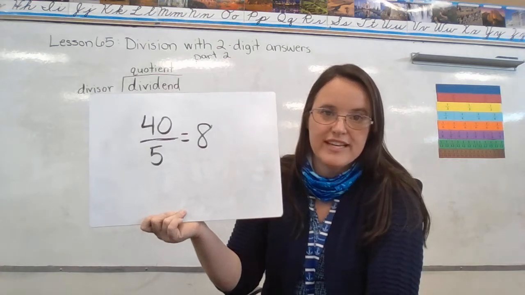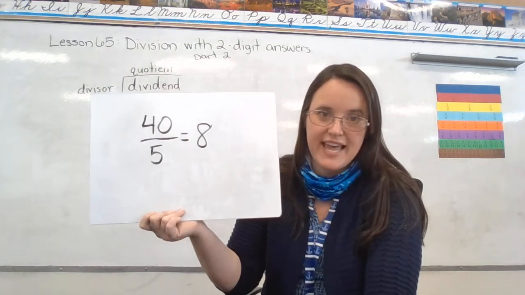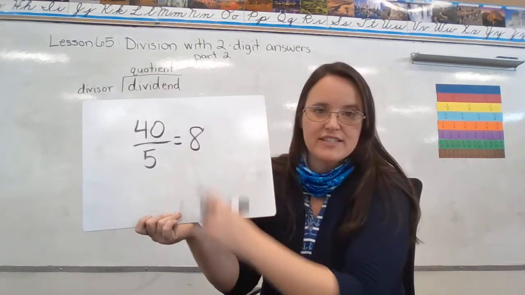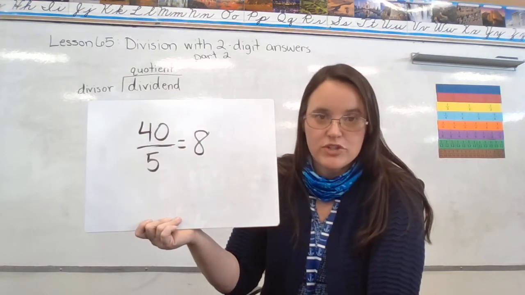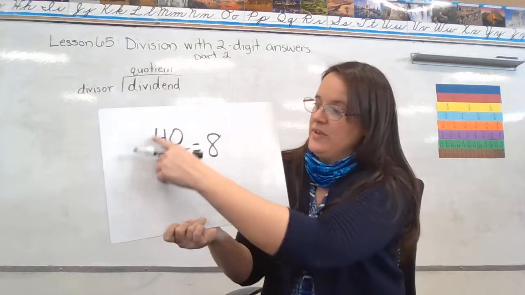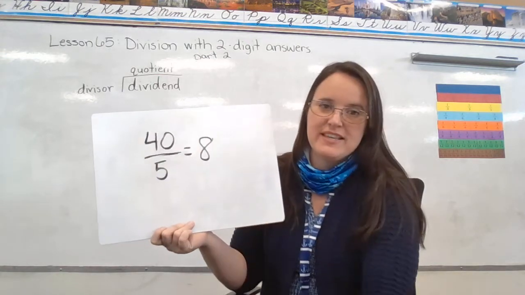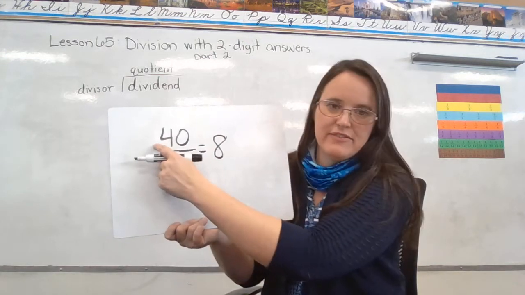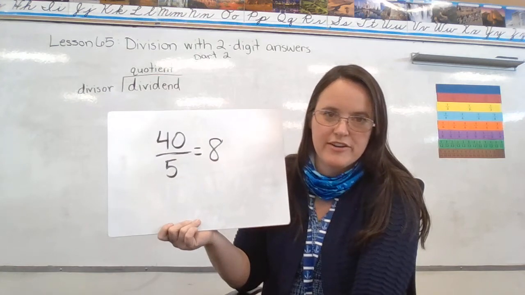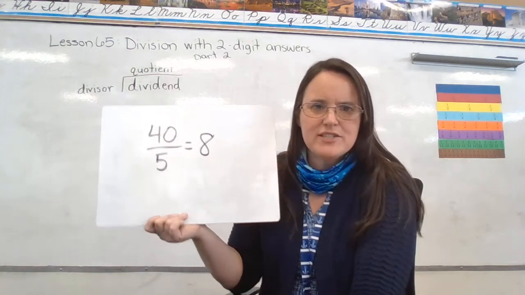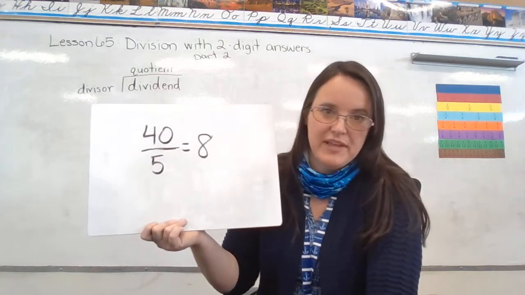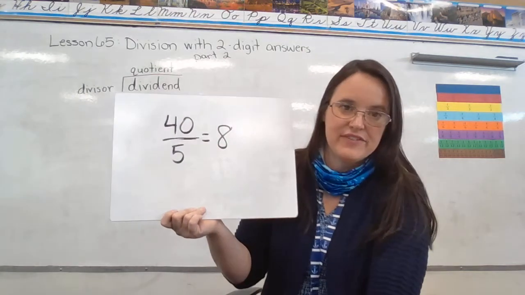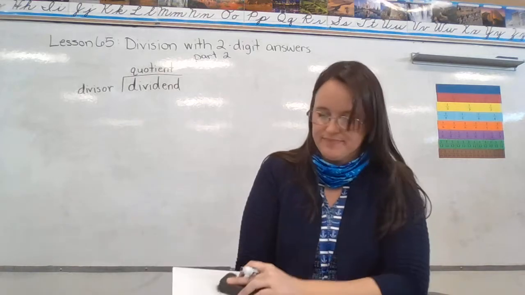So we've got 40 divided by 5 equals 8. What is the 8 called? It's the answer to this problem. That's the quotient. So if you see something that looks like a fraction, particularly if you have a larger number in the numerator, you can go, oh, you know what? Mrs. Duarte told me I could divide that and get a more simple answer. In this case, it's even a whole number for us, 8.